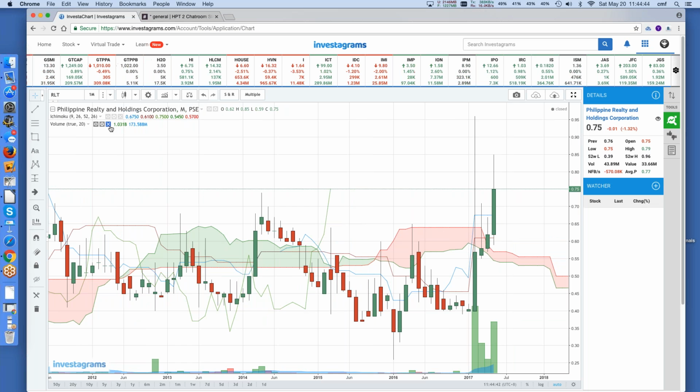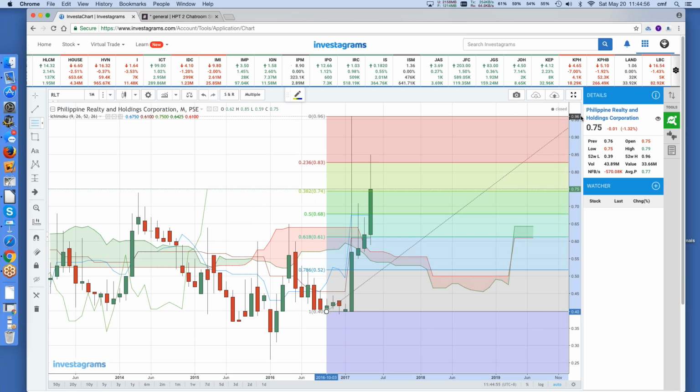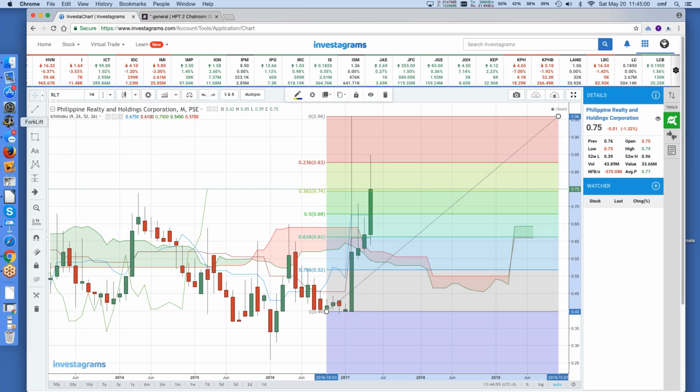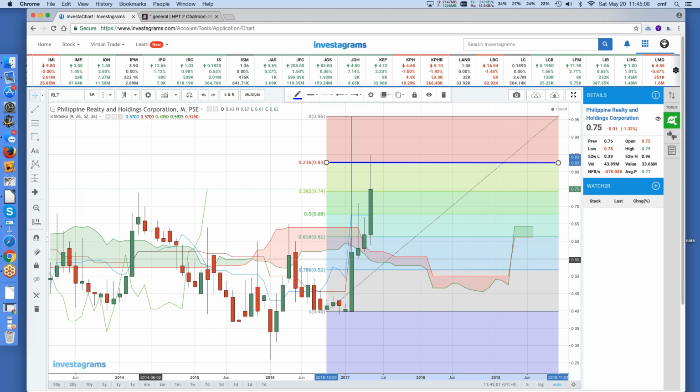The monthly chart of RLT has no more resistance on top. However, what's keeping prices from moving up further? There's no resistance in Ichimoku, but it couldn't get past the 23.6% Fibonacci level.